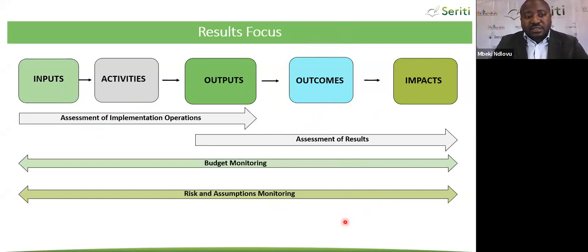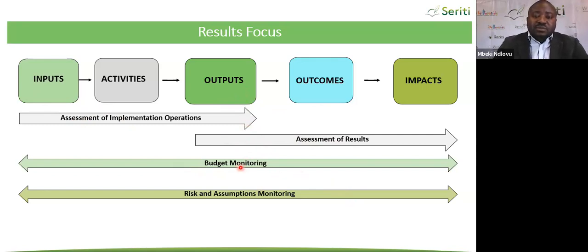So what happens here is that if you are going to be assessing implementation operations, normally it's supposed to start from inputs up to this point here, which is outputs. Now, if you are focusing on the assessment of results, it means you start here from the outputs all the way up to the impacts, right?